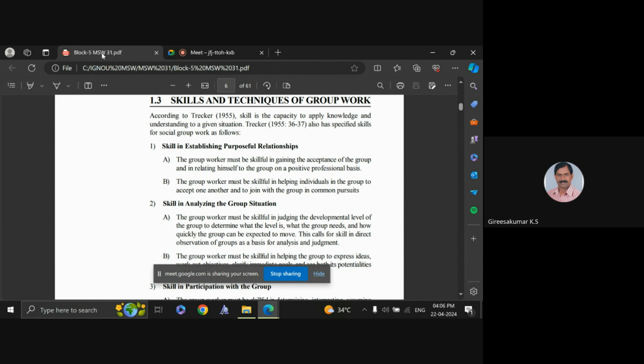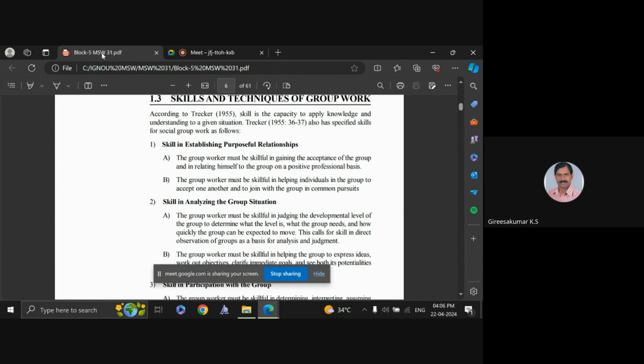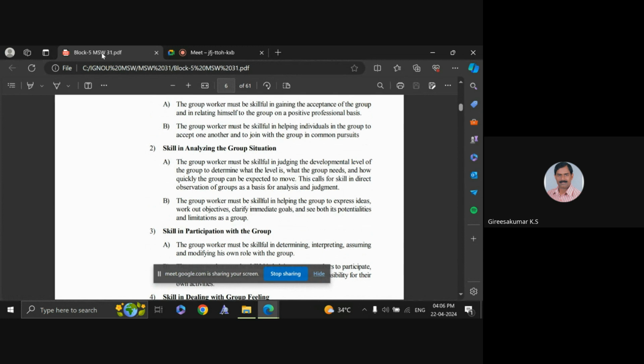Then skill in analyzing the group situation. So he or she, the social worker, has to analyze the group situation, judging the level of the group to determine what the level is and what the group needs.